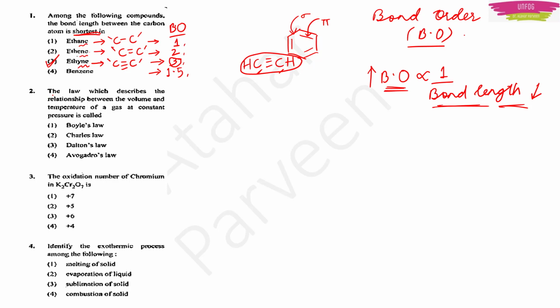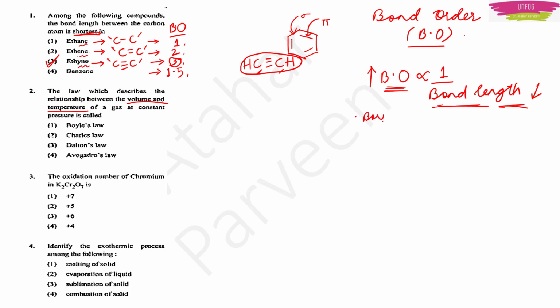The next question asks, the law which describes the relationship between the volume and temperature of a gas at constant pressure is called, and the options are given as Boyle's law, Charles' law, Dalton's law and Avogadro's law. So let's see these laws first.